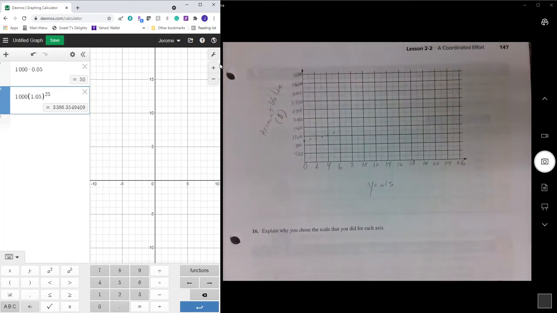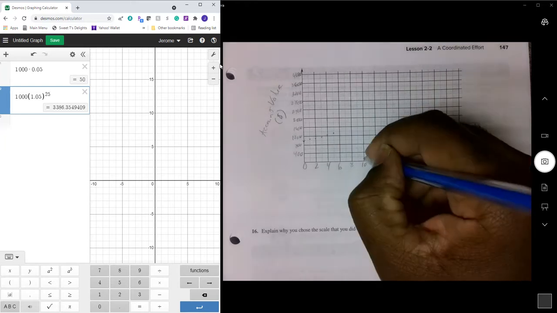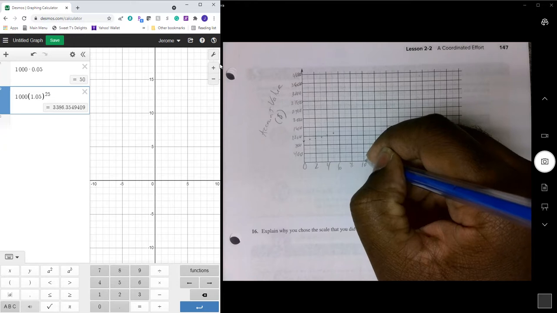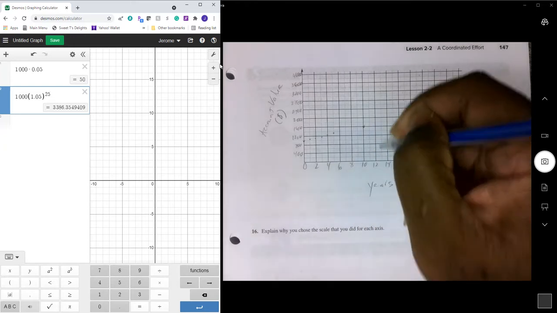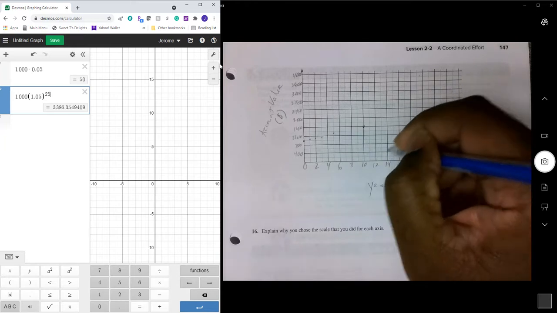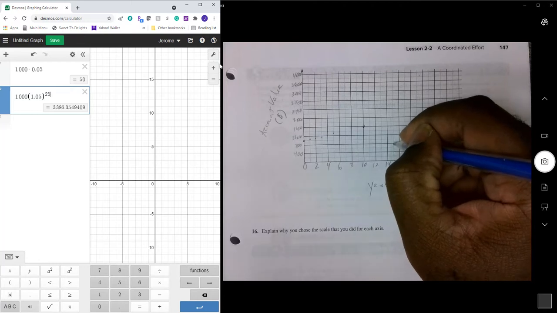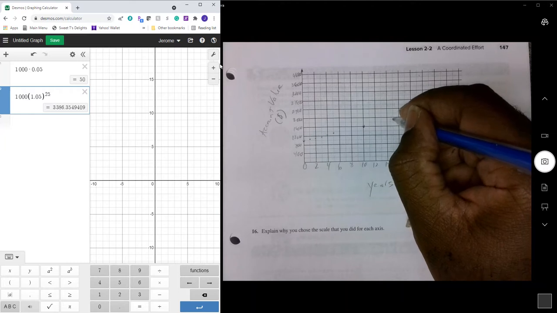So now we will go here to 10. And 10 is what, 1,600. And then we will go to 15, which is 1,900. So 1,900 will be about here.